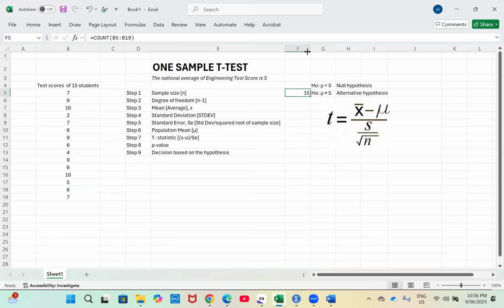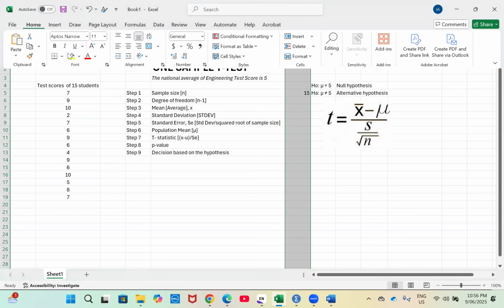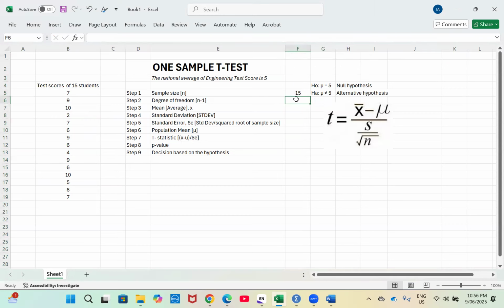So the test scores are coming from the 15 students we have sampled. Then the second step is to determine the degree of freedom. We take the number of students sampled, which is 15, then take 1 out of that, and that gives us 14.